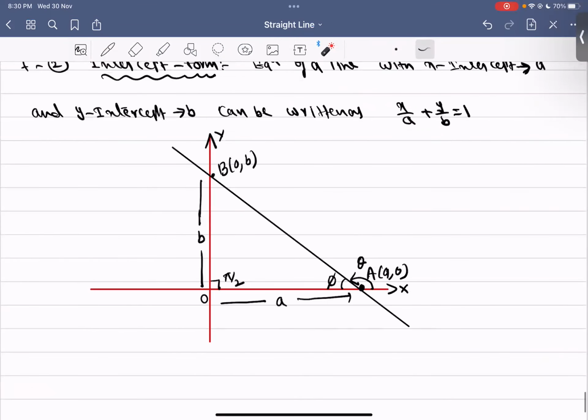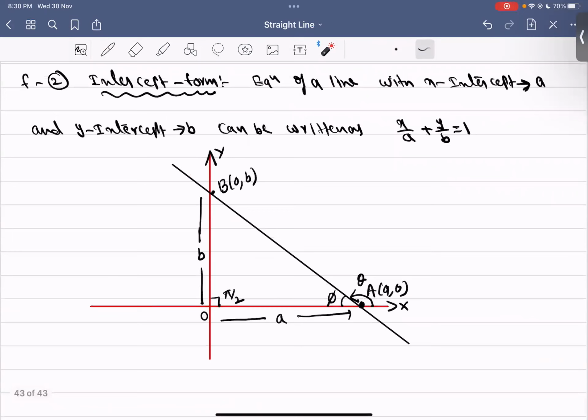In a similar manner, here also, to determine the straight line uniquely, we need two quantities. One is this a, that is the placement of the line, where the line intersects the x-axis, at a units distance from the origin, and the placement of the line on the y-axis, b units.